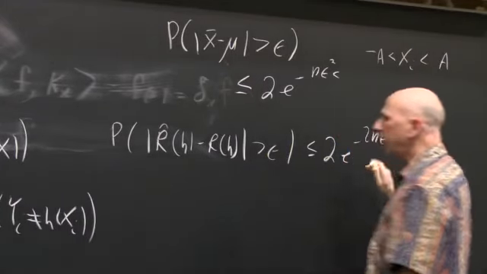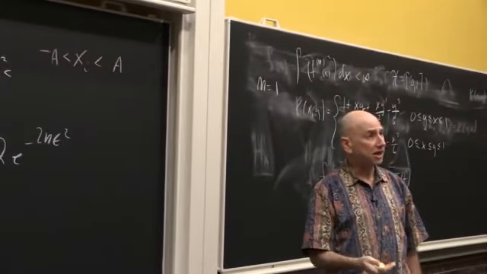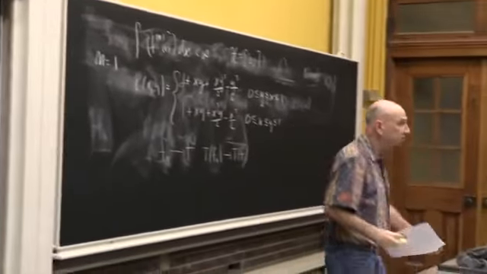But remember that the reason it wasn't that simple was because when you do empirical risk minimization, we're going to choose a classifier. We're not given a classifier h. We're going to choose it over some space.